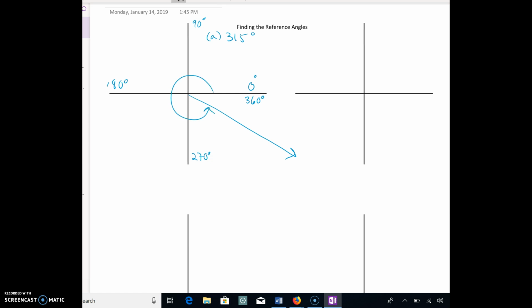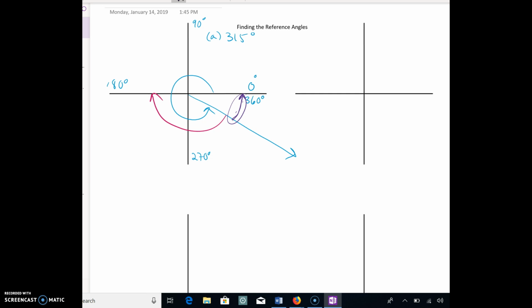Now the definition of the reference angle is the quickest way for us to swing our angle back around to the x-axis. And we have two different directions in which we can swing the angle to get it to the x-axis. We can go this way, or we could go this way. And hopefully it's clear that the purple way is much quicker than the red way.